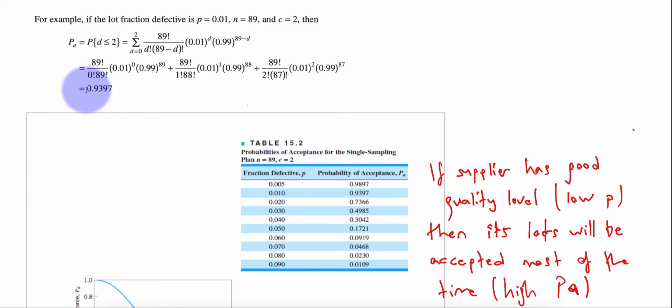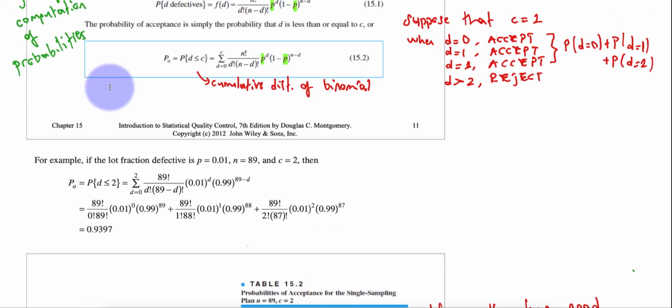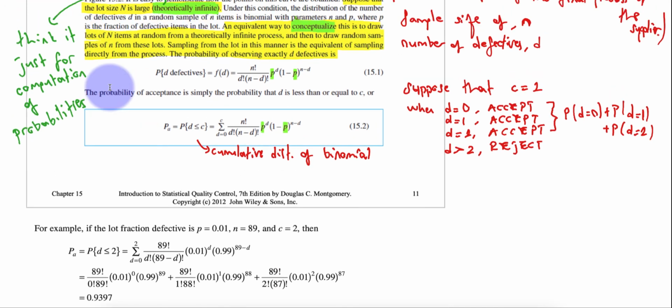But this probability is just for whole lots. It's a general probability. This is an expected probability, let's say.